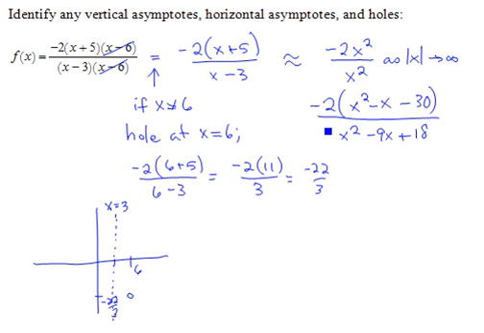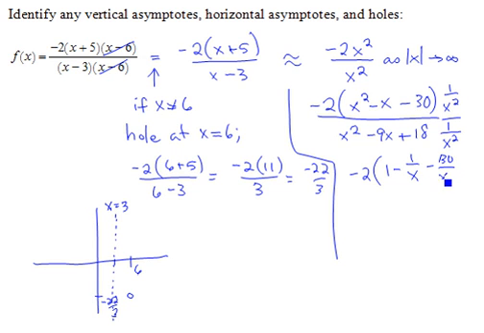And if we were to multiply top and bottom here by 1 over x squared, notice that we'll have negative 2 times 1 minus 1 over x minus 30 over x squared, over 1 minus 9 over x plus 18 over x squared. And as x grows to either plus or minus infinity, these terms all approach 0.